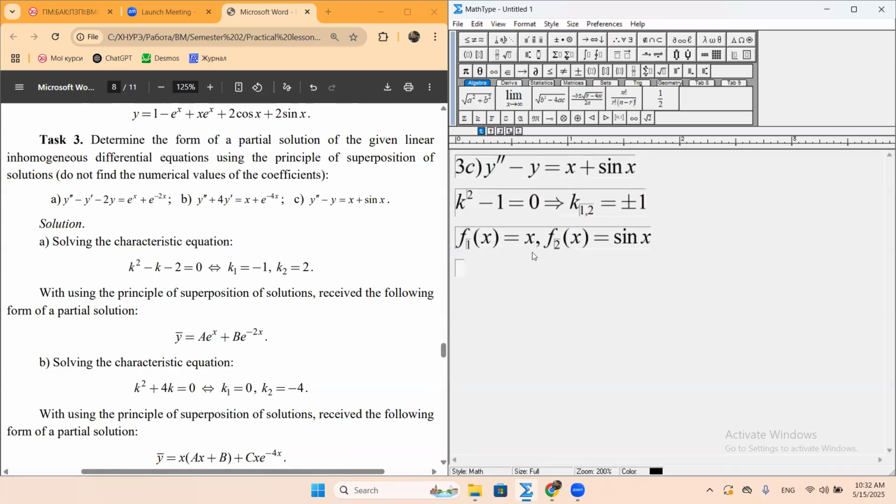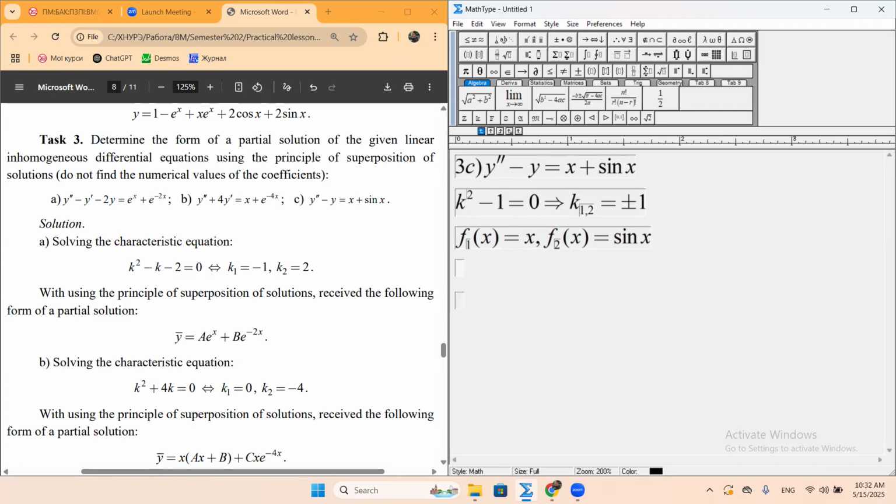So the control number of f1 equals 0, and the control number of f2 equals plus minus i. Both of them are not roots of the characteristic equation.